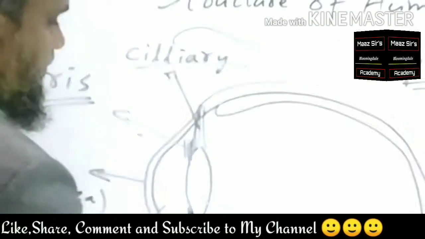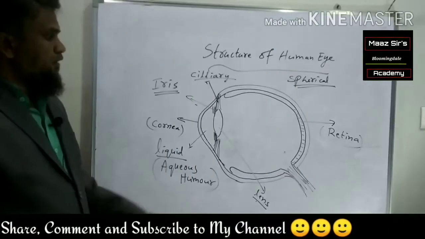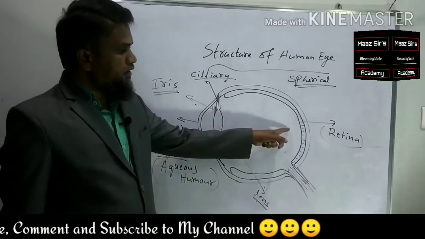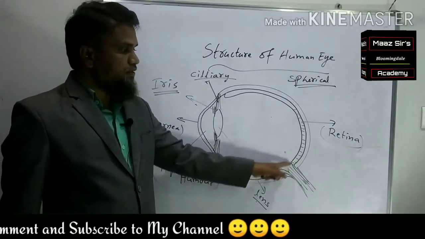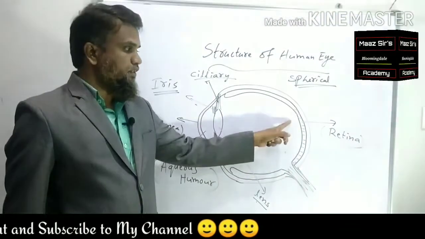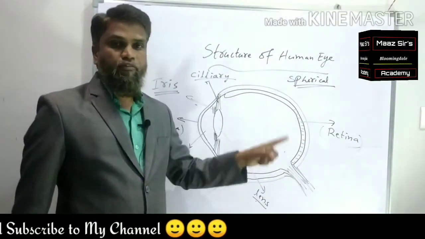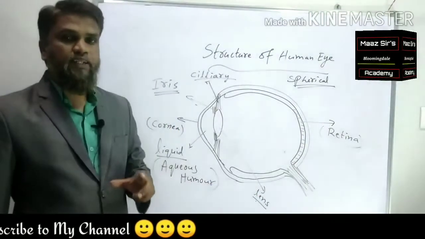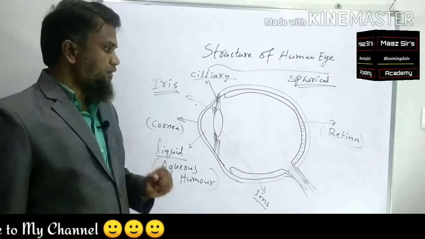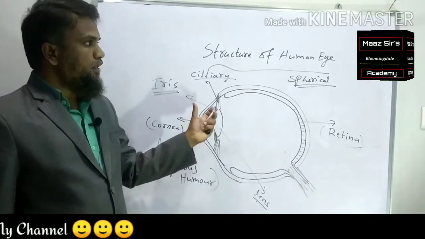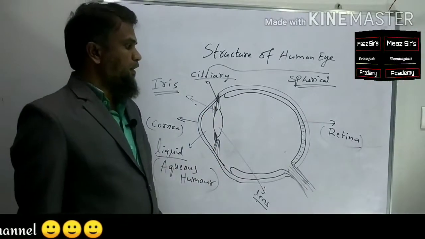So this is our lens. And when you go inside the eye, you have a screen on which the images are formed. That screen is known as the retina. So this is the short description of the human eye.